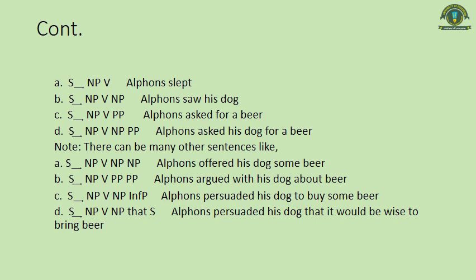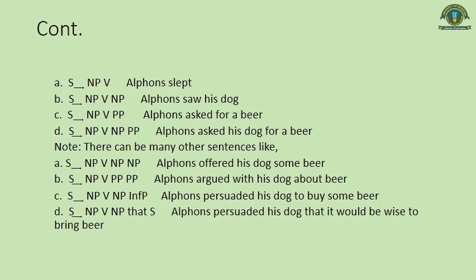So linguists often distinguish between sentences and verb phrases. A verb phrase is a sentence without a subject. For example, saw his dog. Then you have to describe the sentence in two steps.